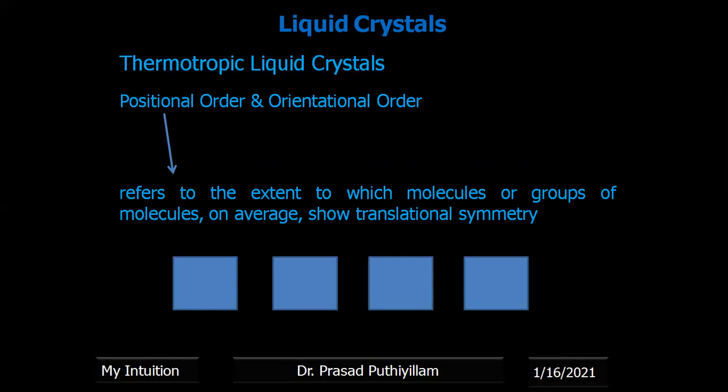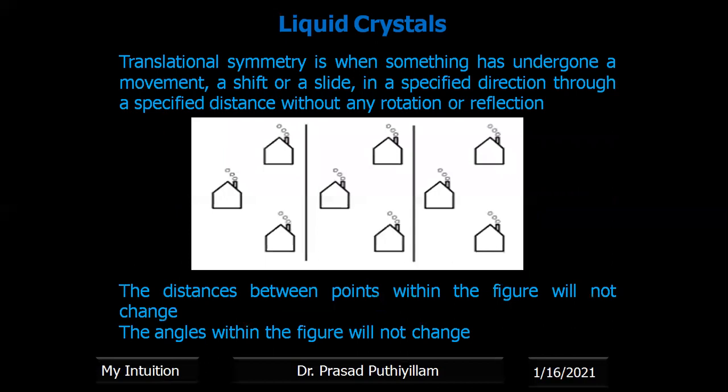The positions are in a perfectly well-defined arrangement, or it has translational symmetry. To explain translational symmetry, I took this image. Translational symmetry is when something has undergone a movement, a shift or slide in a specified direction through a specified distance without any rotation or reflection.